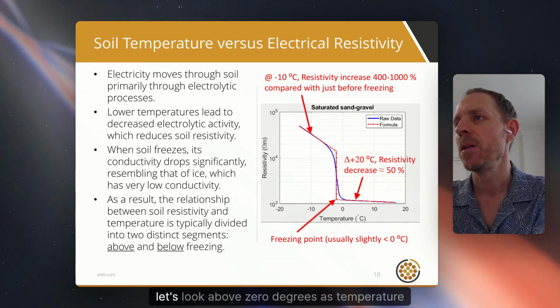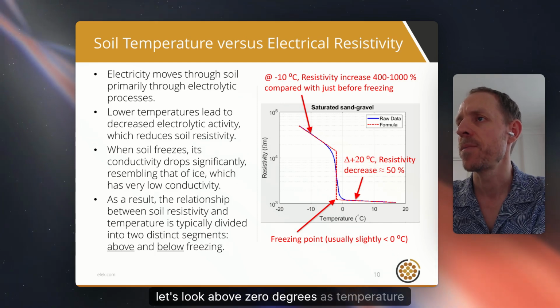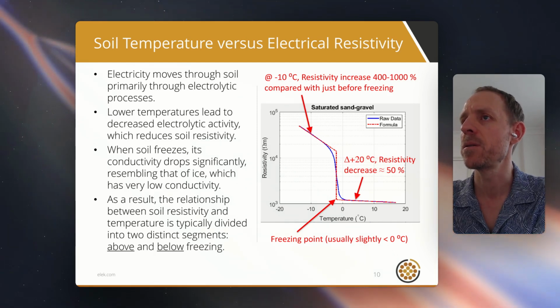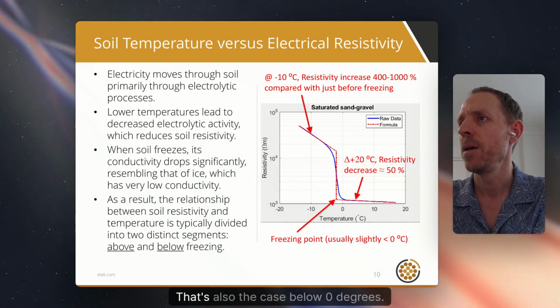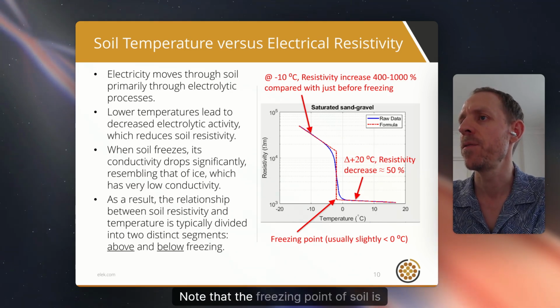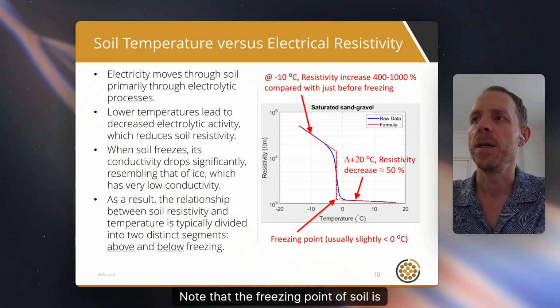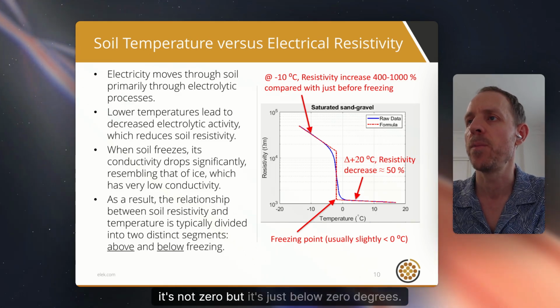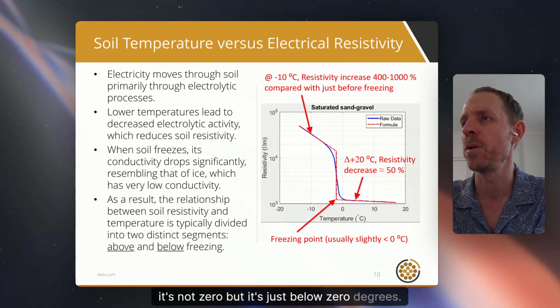So let's look above 0 degrees. As temperature increases, resistivity goes down. That's also the case below 0 degrees. Note that the freezing point of soil is not 0, but it's just below 0 degrees.